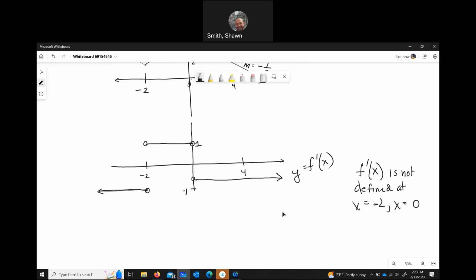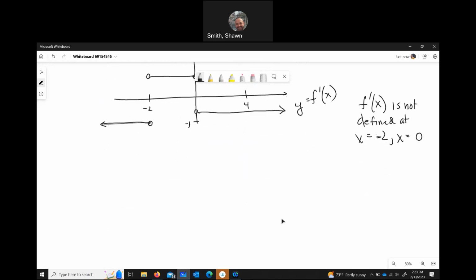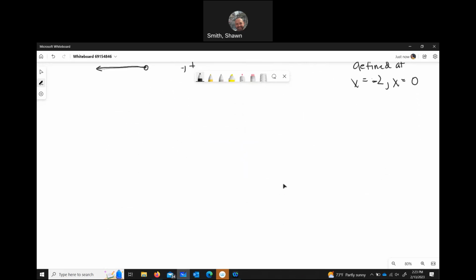Slope is constantly changing. It's never the same on any 2 points. Well, it could be on 2 points, but if I have, let's look at g of x, see if I can draw this one.